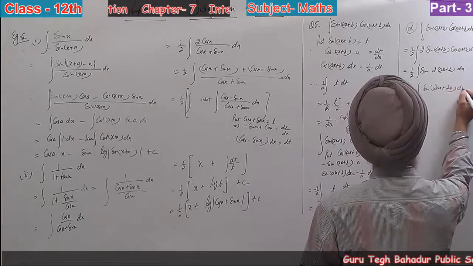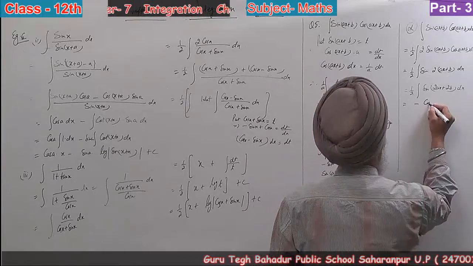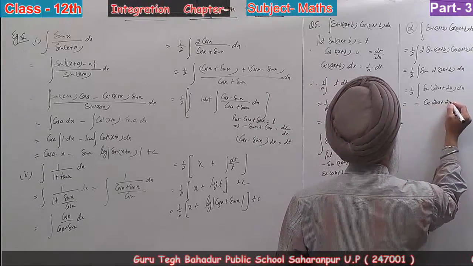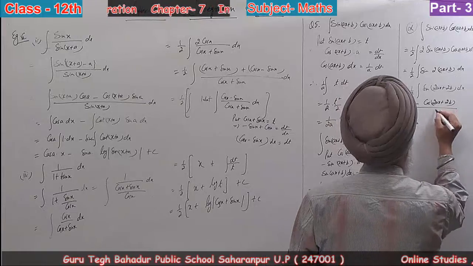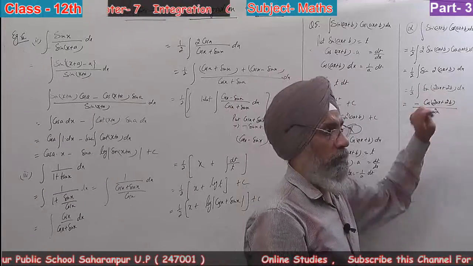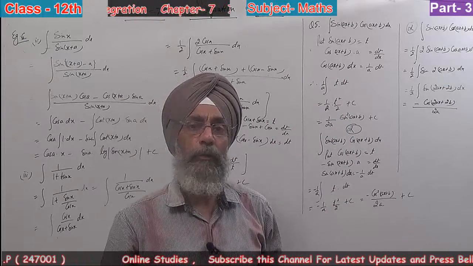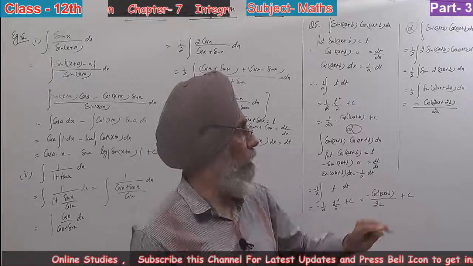Now integration of sin is minus cos, it becomes minus cos 2ax plus 2b, dividing by 2. Either you do the substitution of 2ax plus 2b, or remember that the constant quantity which is multiplied with x, you have to divide by that quantity.